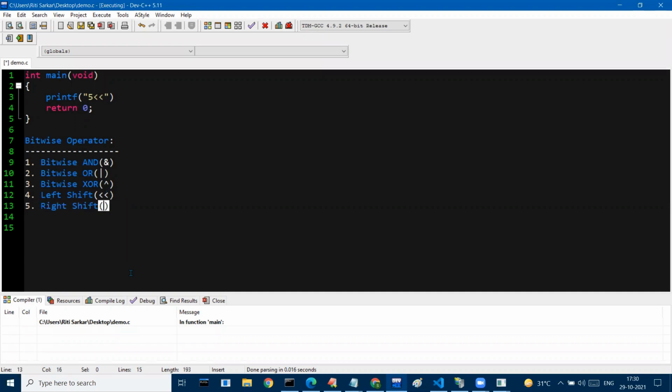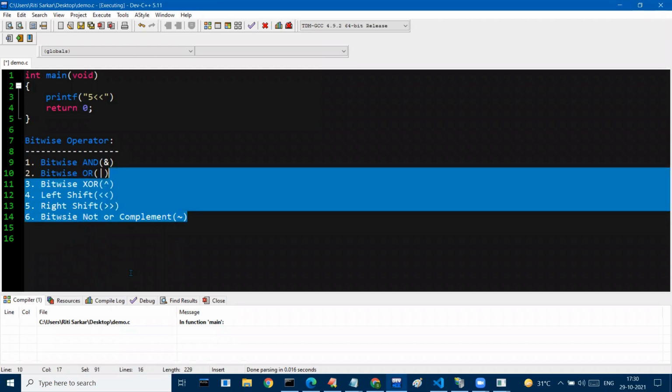There we will discuss both positive numbers and negative numbers. And lastly, we have bitwise complement or bitwise not, or some people call it the complement operator. Complement, bitwise not or complement operator, both terminologies are the same. How does it look? It is the tilde sign.